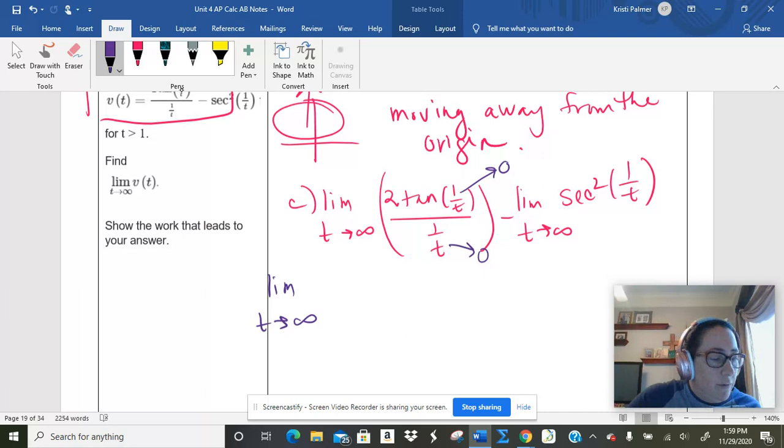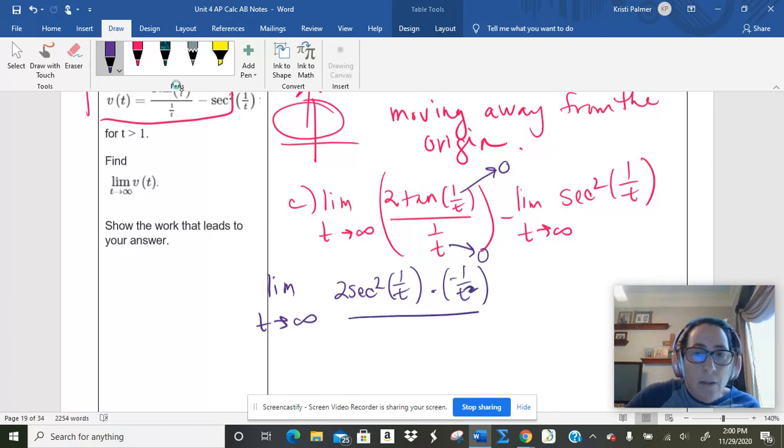So I have to take the derivative of this one. So I'm going to take the derivative of the outside, leave the inside alone, times the derivative of the inside. So 2. And then the derivative of this one.